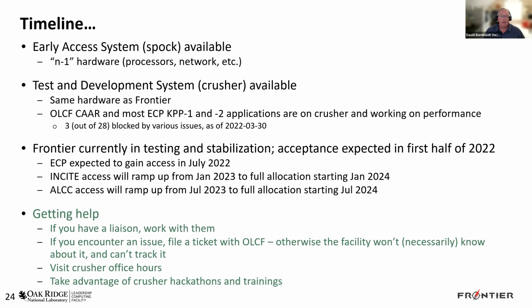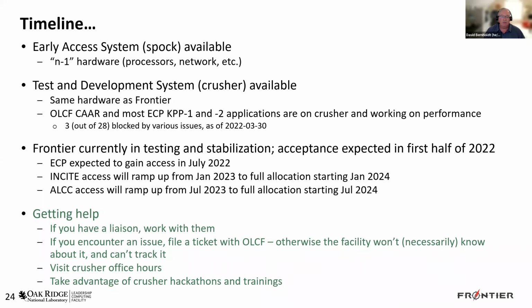So right now we have Spock available. This is the previous generation hardware, and our test and development system for Frontier called Crusher, which many of you probably already have access to. This is the same hardware as Frontier. And so on the system, we've seen a lot of good progress so far.